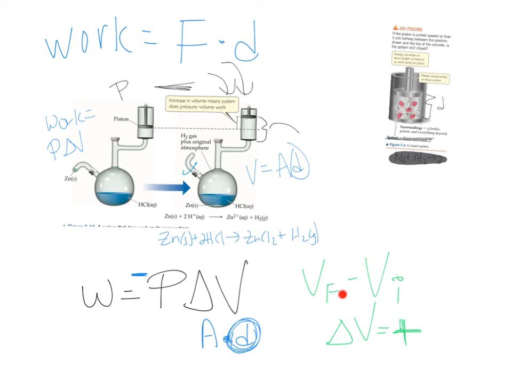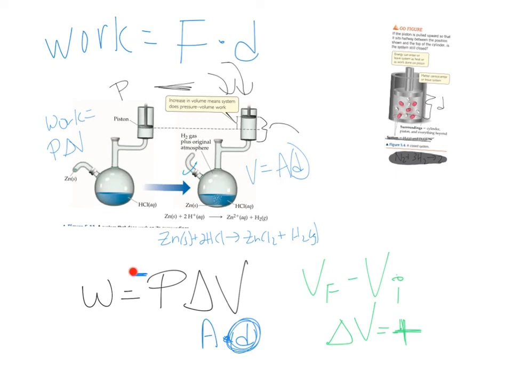Our final volume is bigger than our initial volume. And so our change in volume here is positive. Our atmospheric pressure is positive, so our sign on our work will be negative, and you'll see that at the top of the page on page 6.